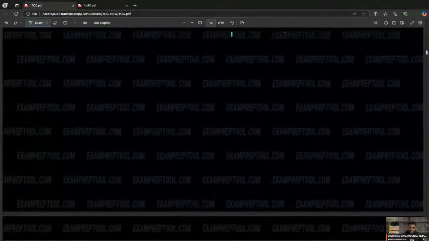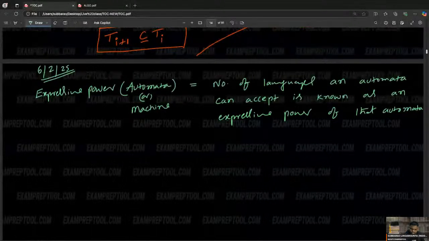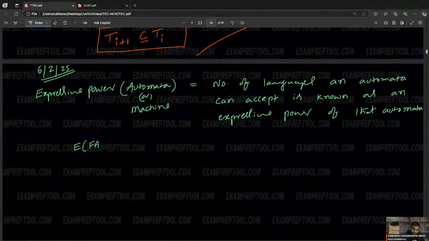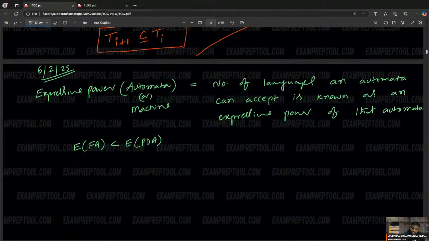In terms of expressive power also, I have written the relation. If you want, I will write it here. Expressive power of finite automata is less than expressive power of PDA, is less than expressive power of LBA, is less than expressive power of Turing machine.